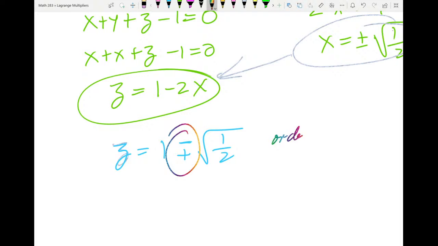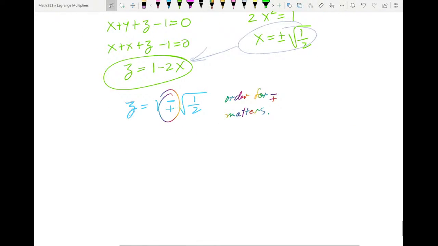The order for minus plus matters. Now let's find the corresponding points.